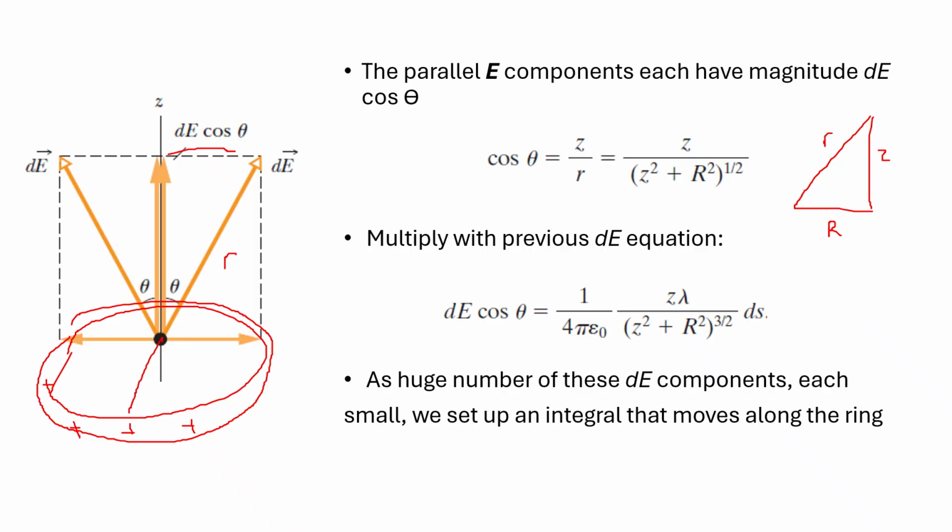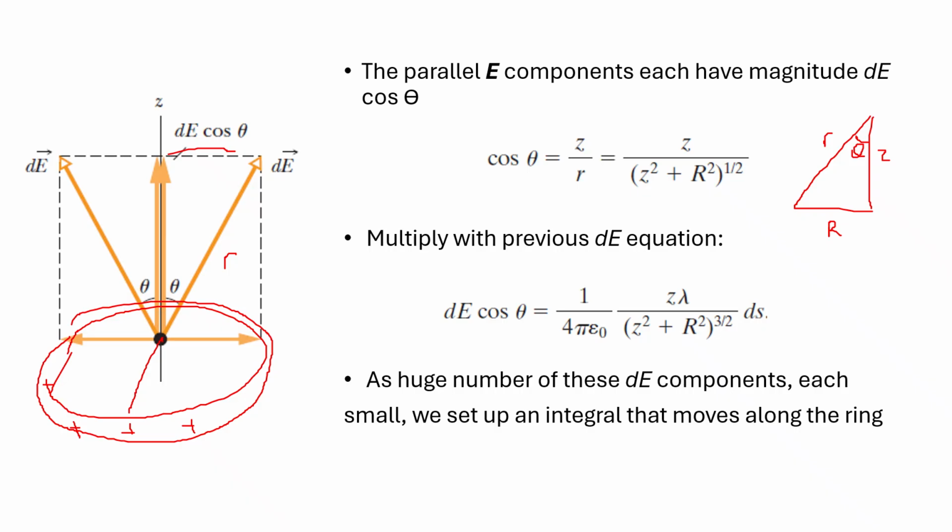So with theta here, cos theta equals Z over R. When you include this capital R term, you have Z over Z squared plus r squared with the power of 1 over 2, or you can say Z over the square root of Z squared plus r squared.